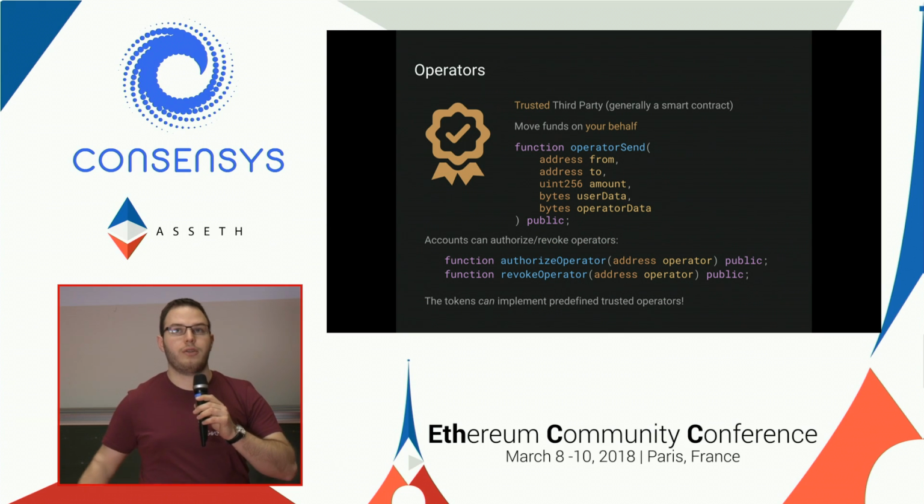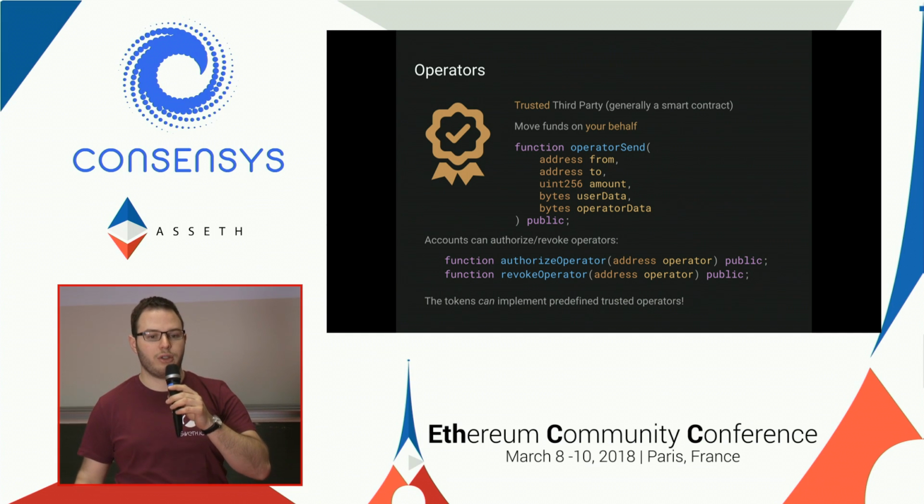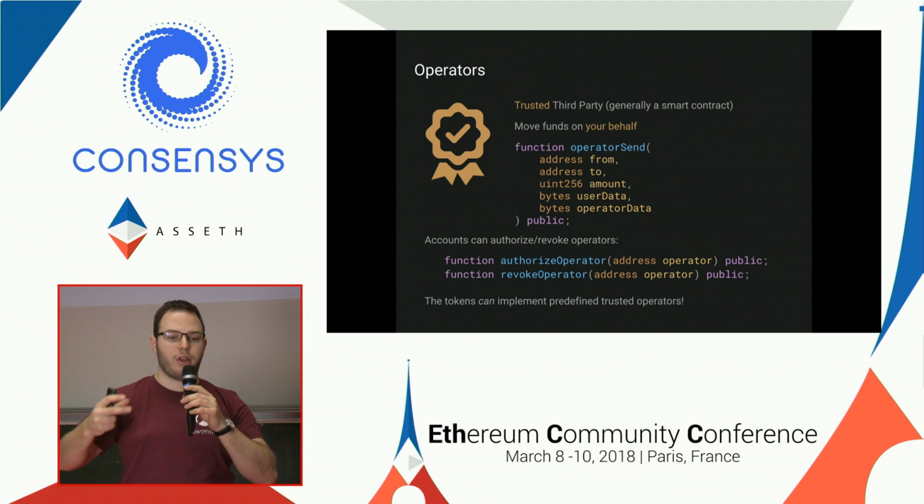We have a very cool feature, which is operators. The idea behind an operator is to be a trusted third party, usually a smart contract, not a regular address. This operator can move your funds on your behalf.